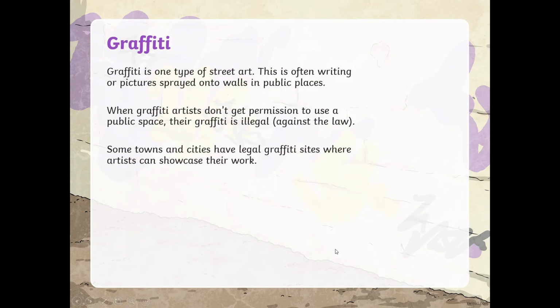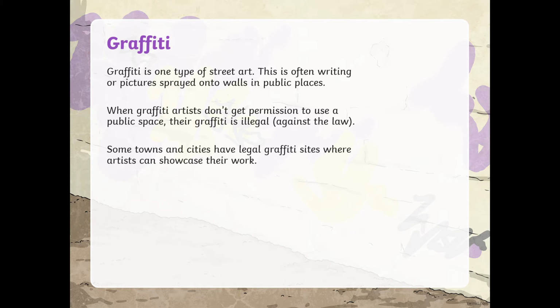So graffiti then, that's one type of street art, and it's often writing or pictures sprayed onto walls in public places. And when graffiti artists don't get permission to use a public space, their graffiti is actually illegal against the law. So you can have graffiti done by street artists and graffiti artists who actually have permission to do that, and so that is completely legal.